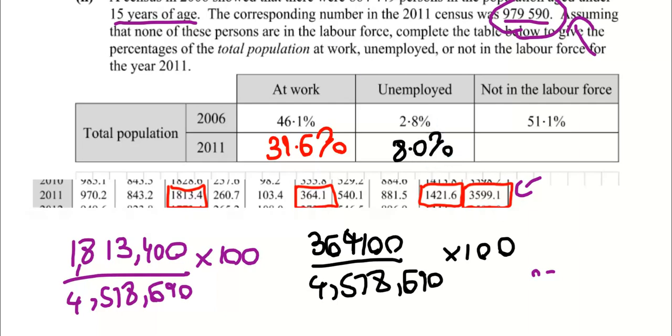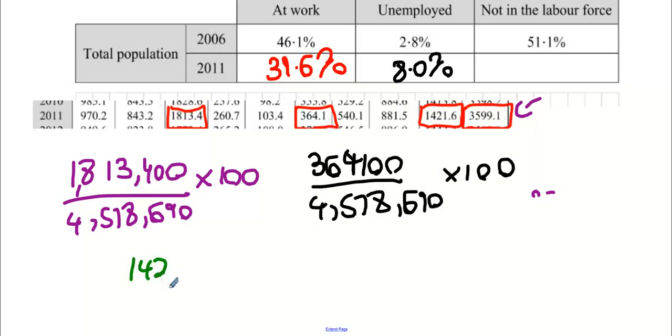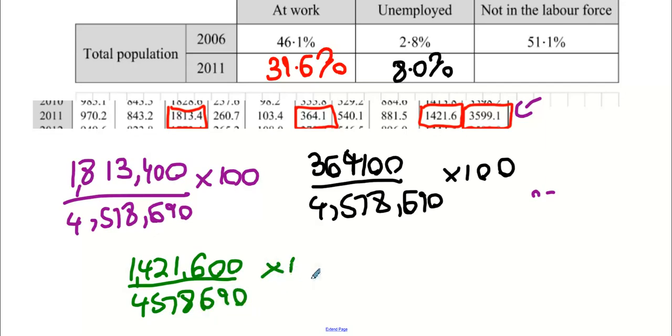And then finally, the last one is going to be my 1,421,600, divided by 4,578,690. Going to multiply that by 100, and what do I get?